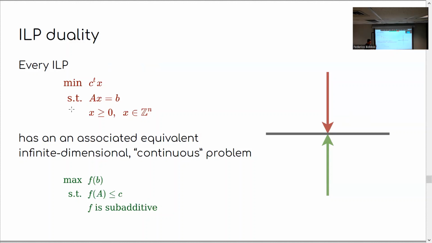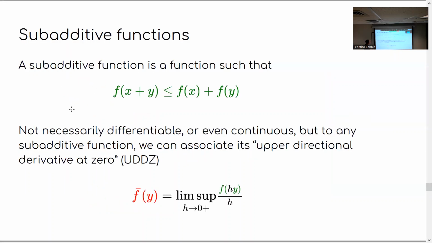So it's a very large optimization problem. You can call it infinite dimensional if you like, because it's over all functions in a very large class of functions. And just to be clear, a subadditive function is a function such that f(x + y) is smaller or equal to f(x) + f(y).